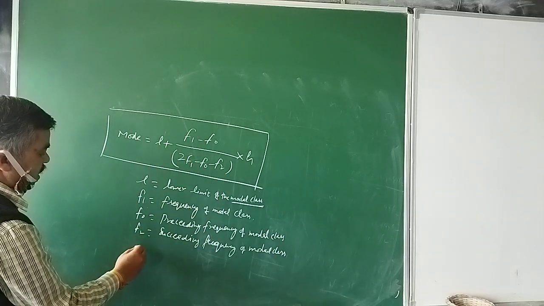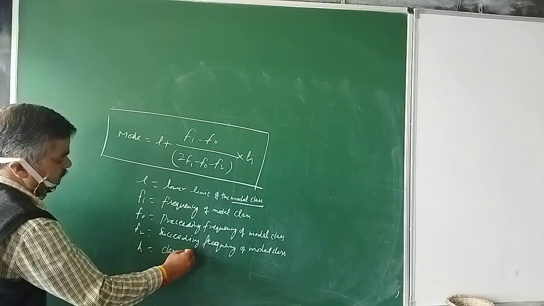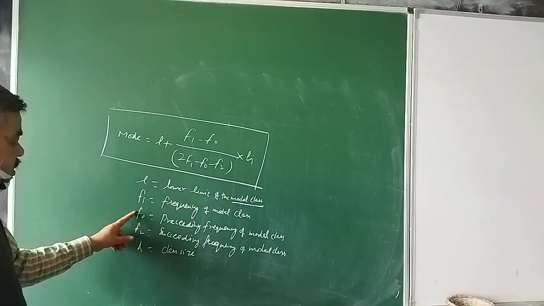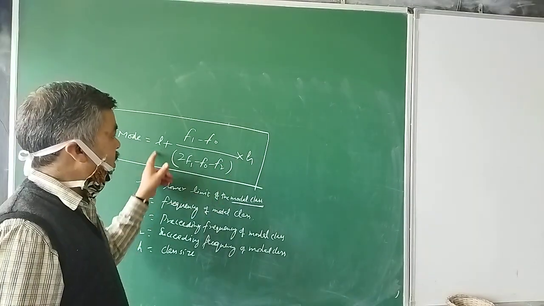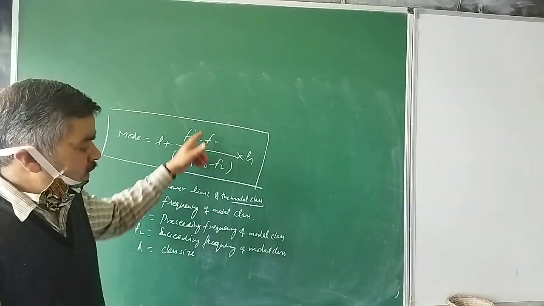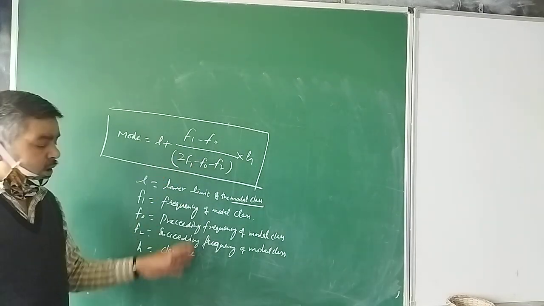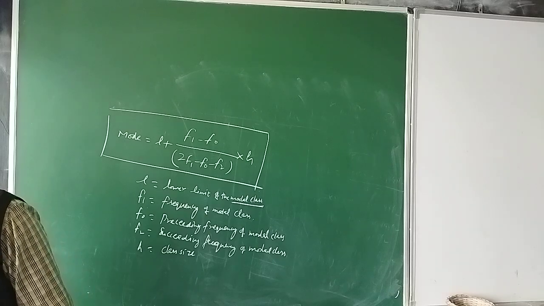And H, as we discussed yesterday also, is the class size of the data. So this is L, this is F1, this is F0, this is F2, this is H. Once you are clear with all these, then finally you have to substitute in this formula to calculate the mode. So that much is the part of your syllabus.